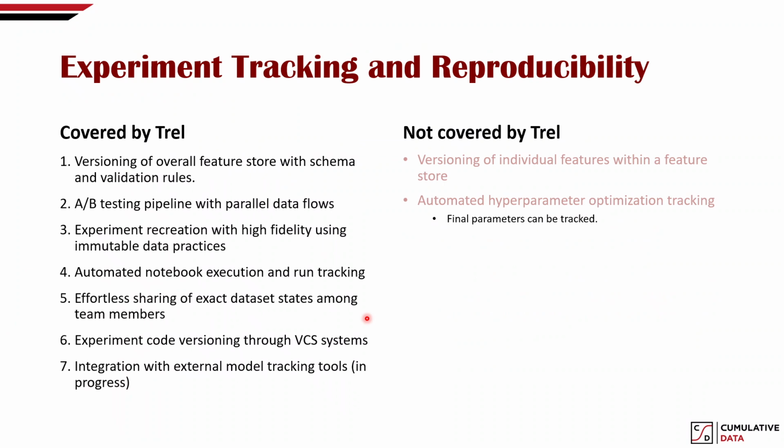So next, let's take a look at experiment tracking and reproducibility. When it comes to experiment tracking, one of the requirements is feature store management, right? You have a feature store and you want to improve it with new features.